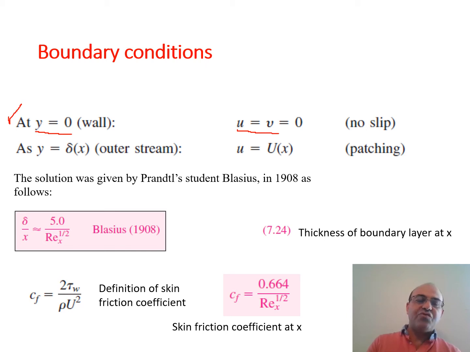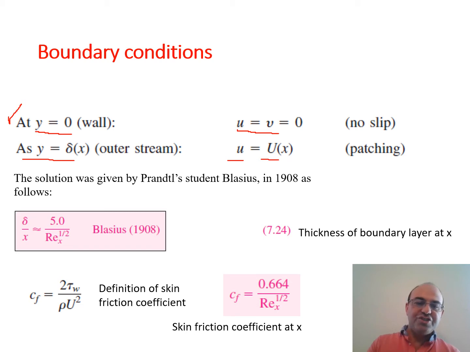And as y becomes equal to delta at each x, we reach the edge of the boundary layer. At this point, u is equal to 99% of the free stream velocity, or simply equal to that free stream velocity. In the case of a flat plate, u is just a constant.